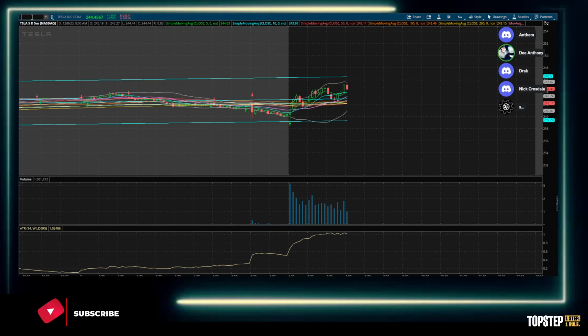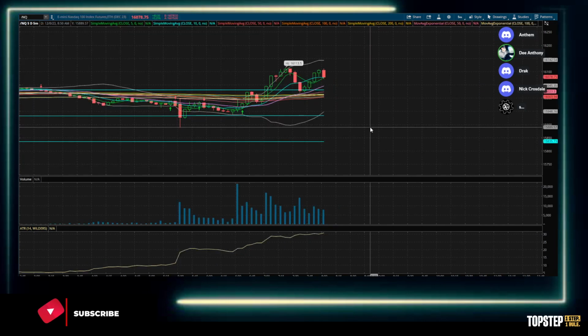Getting rejected again at 16,113 in that range. We're back down at the 5 and 10 moving average. Did anyone take the bounce play off of the linear regression, off of the 20?